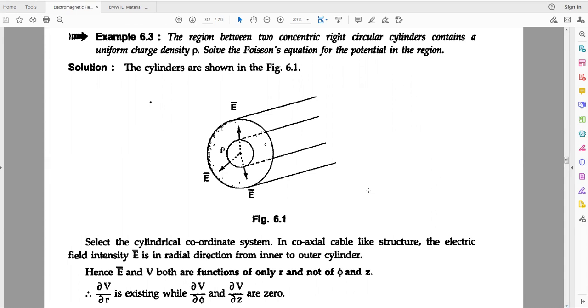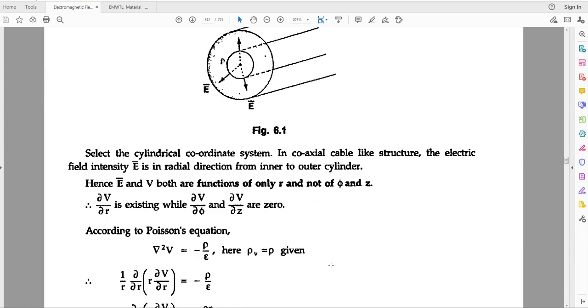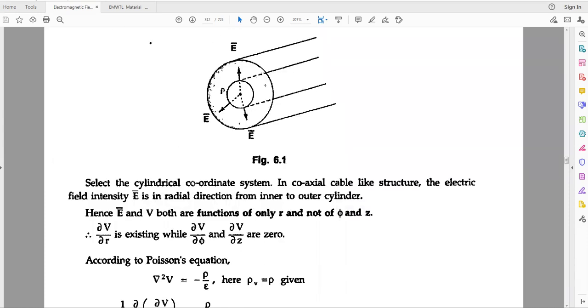We already derived this expression, the potential Poisson's equation for the two concentric right circular cylinders. Once again, select the cylindrical coordinate system in a coaxial cable like structure. The electric field intensity E bar is in the radial direction from the inner to the outer. So inner radius is there and the outer is another radius.